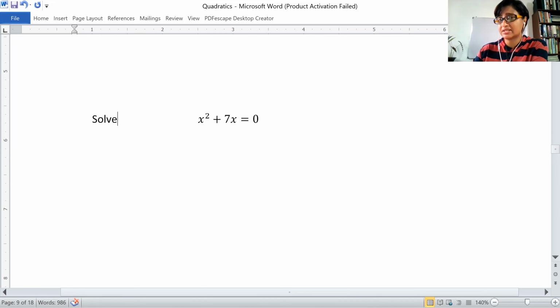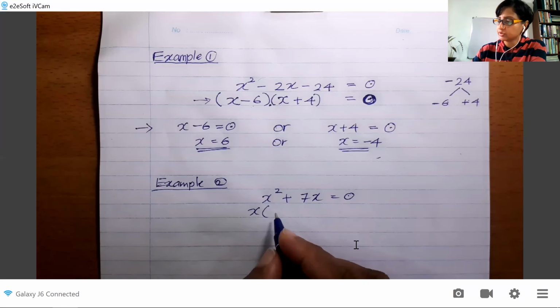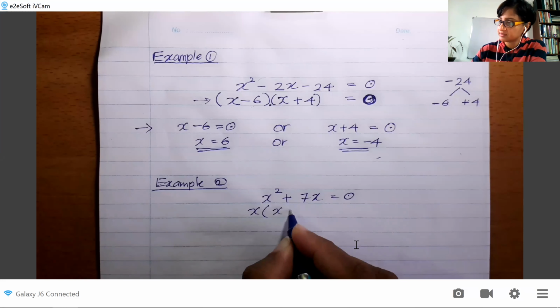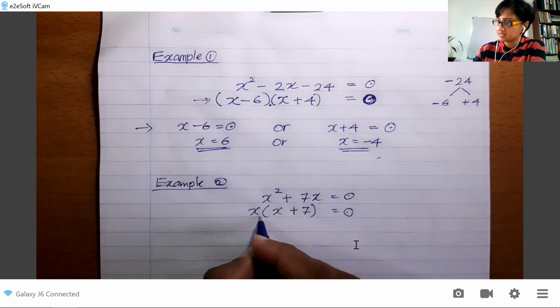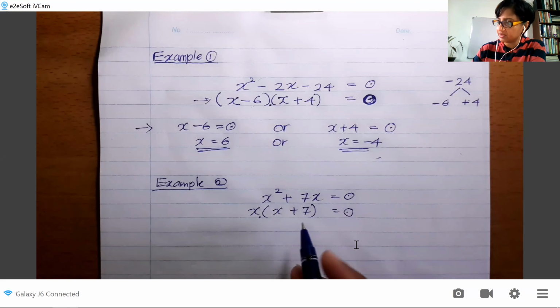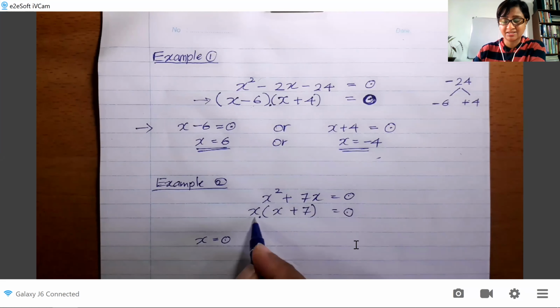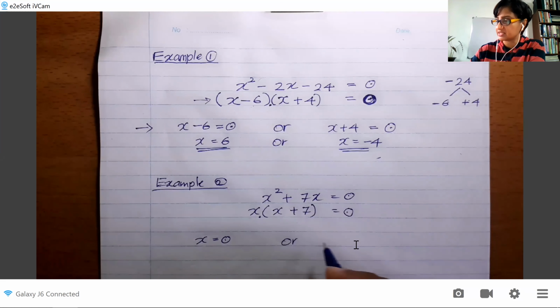So this quadratic does not have all three terms, but you can factorize. You can pull an x out. You get x times x plus 7. You have your two factors, x and that. So either this factor, which is just x, has to be 0, or the other factor has to be 0. That gives you another answer for x. x is minus 7. So these are the two answers.